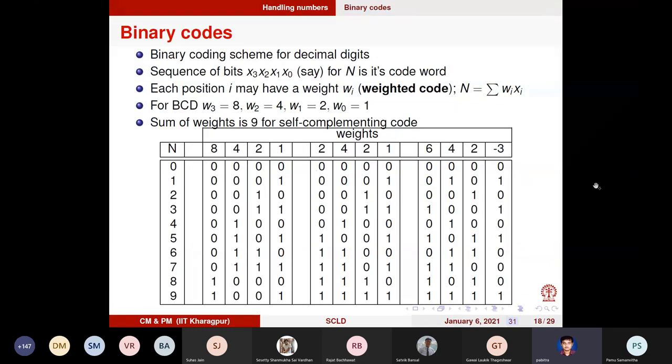All you have to do is use the expression sigma wi xi and the definition of complementation in nines complement and binary complement, and then you can see that sigma wi will always be 9. You can also easily check that there are only 4 self-complementing weighted codes whose weights are all positive, and a total of 14 self-complementing weighted codes whose weights may also be negative.